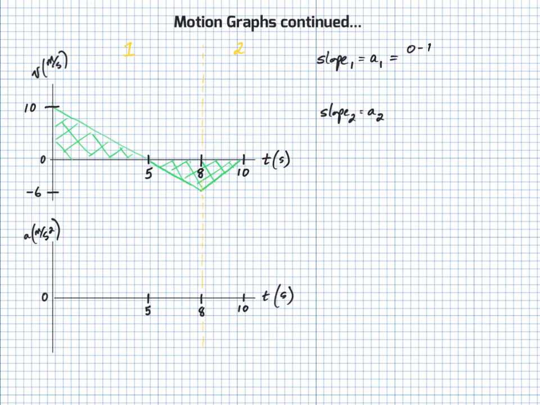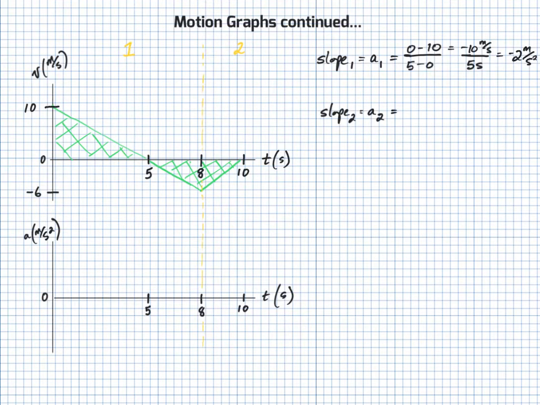So we're going to have 0 minus 10 here, and our run there is just 5 minus 0. That's going to give us negative 10 meters per second over 5 seconds. Again, I wrote in those units. Remember that our rise units on a velocity versus time graph are meters per second, and our run units are seconds. So if we do this math, we get an acceleration of negative 2 meters per second squared.